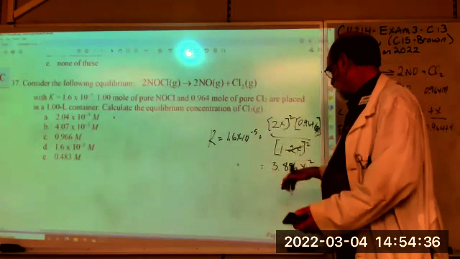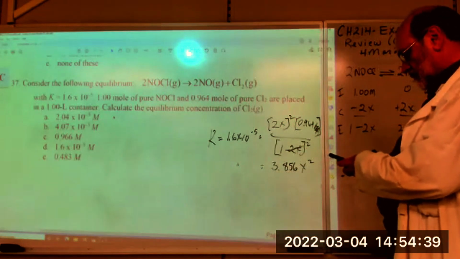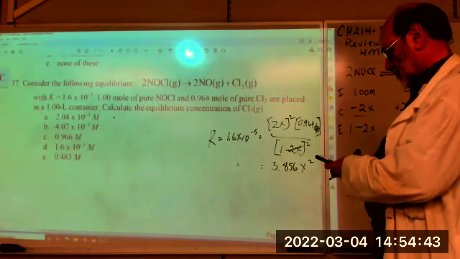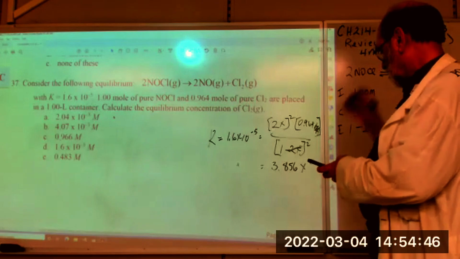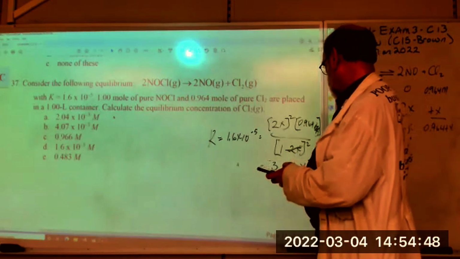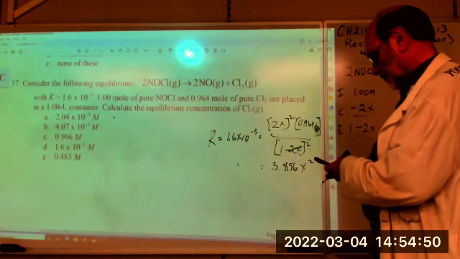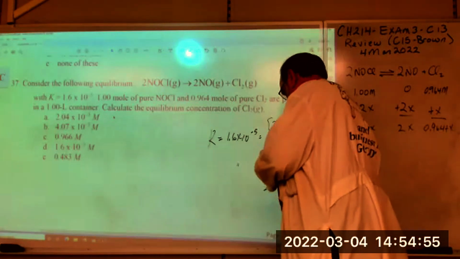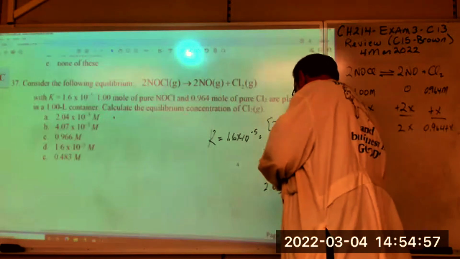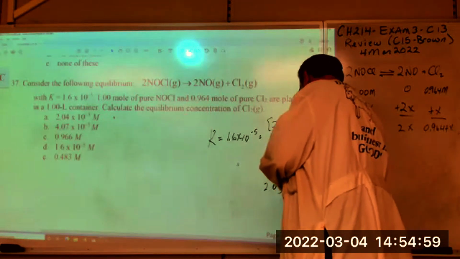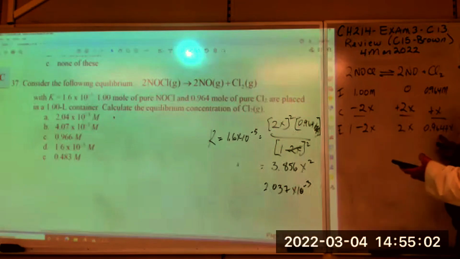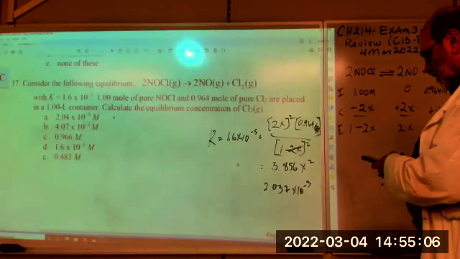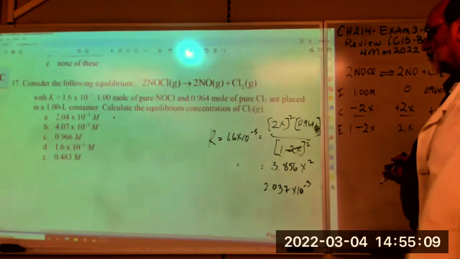So if we divide this one by 3.856, and then take the square root of it, that's 2.037 times 10 to the minus 3, added to 0.964 is 0.966.